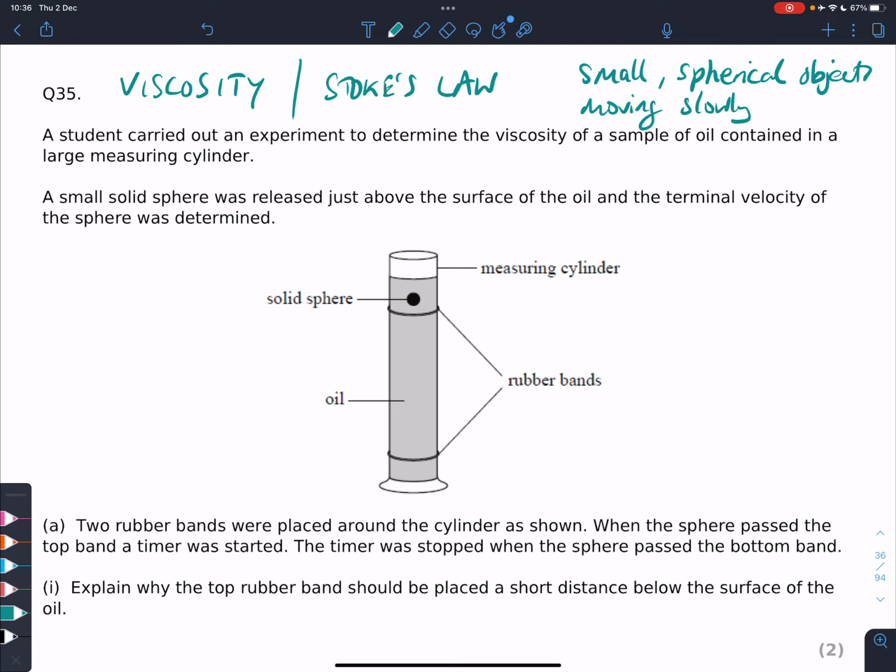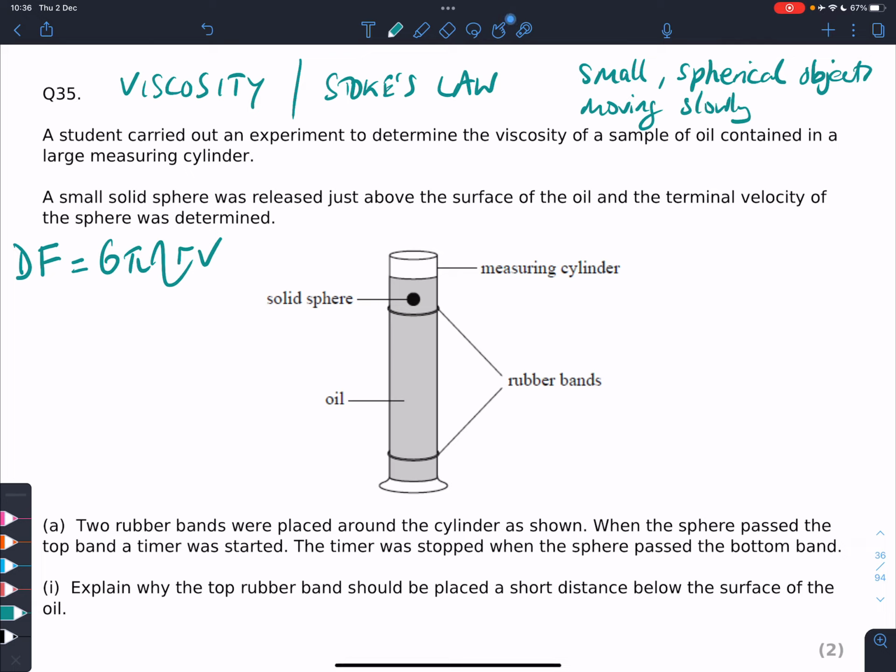You can use Stokes' law to approximate the drag forces. The drag forces, DF, are given by this formula: 6 pi times the coefficient of viscosity times the radius of the thing and the terminal velocity that it's travelling at.